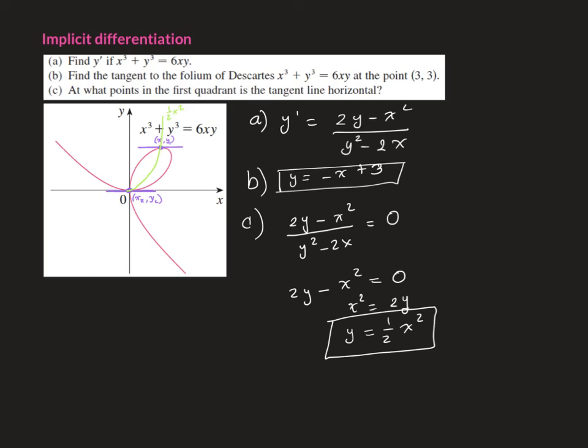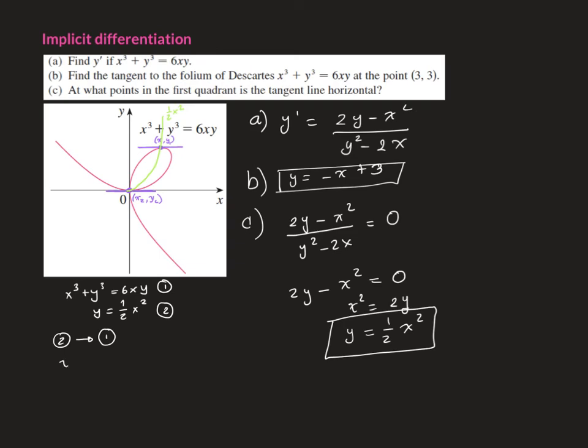So to find these 2 points, we're going to treat the equations x power 3 plus y power 3 equals 6xy and y equals 1/2 of x squared as a system of 2 equations with 2 unknowns, meaning that I can use equation number 2 to substitute into equation number 1 and get an expression that is fully in x, and then try to find a solution for x. So that's what I'm going to do. I'm going to substitute equation 2 into equation 1.